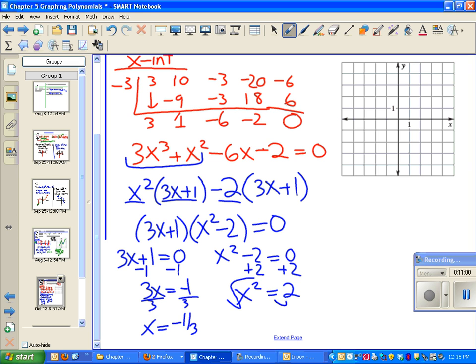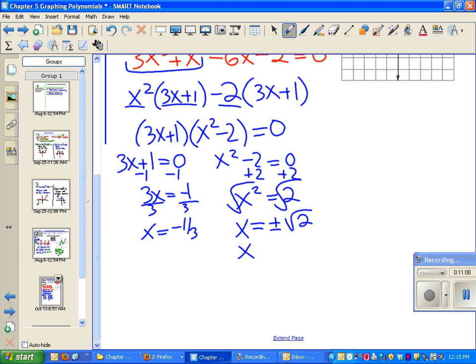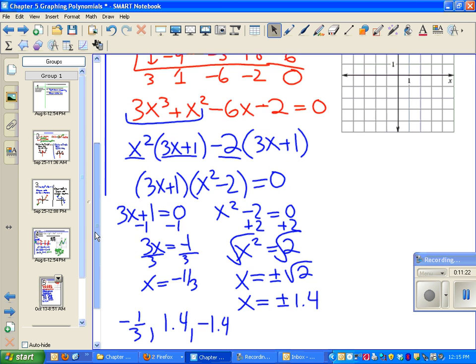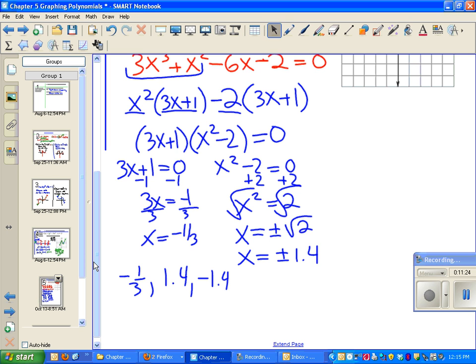When I square root both sides to get rid of the square, x is going to be plus or minus the square root of 2, which is actually, if you put that in your calculator, plus or minus 1.4. So my x-intercepts are negative 1/3, a positive 1.4, a negative 1.4, and then the other one that I used was negative 3.